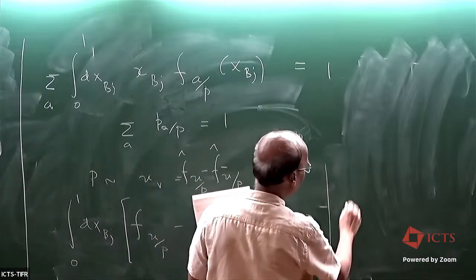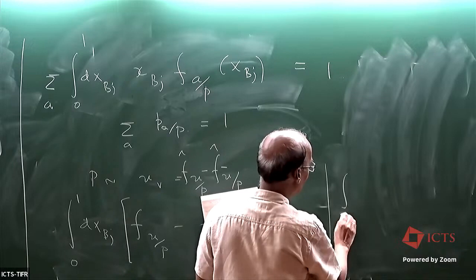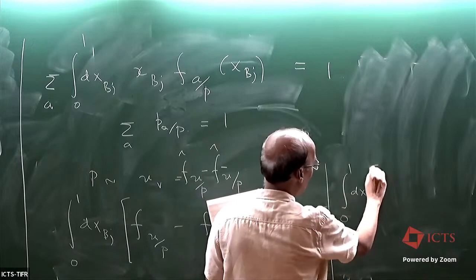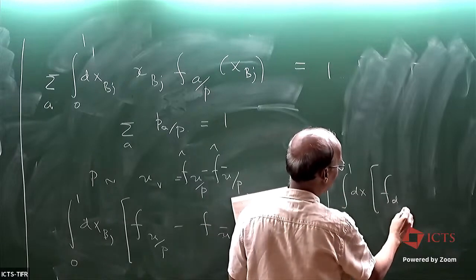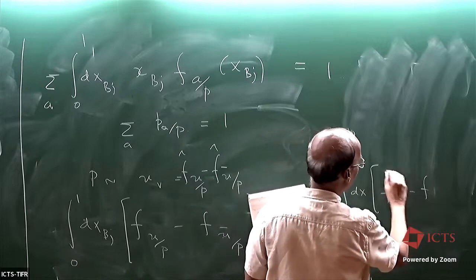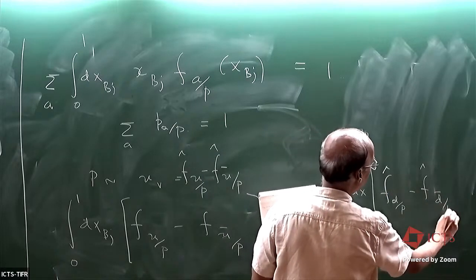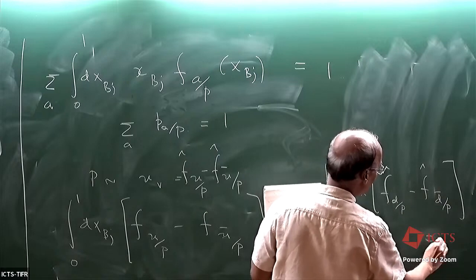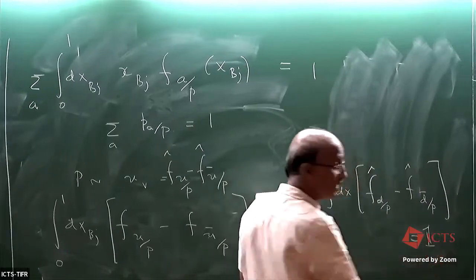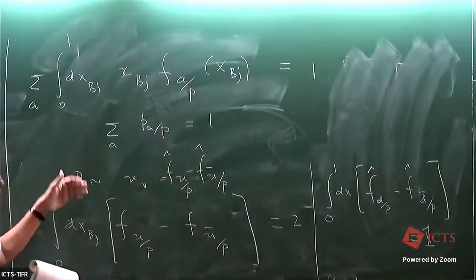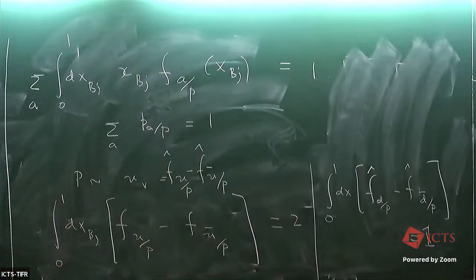Similarly for the D valence quark, f of D in proton minus f of D bar in proton, if I calculate, this should be 1. So these are the relations that you can get from the PDFs that we extract.